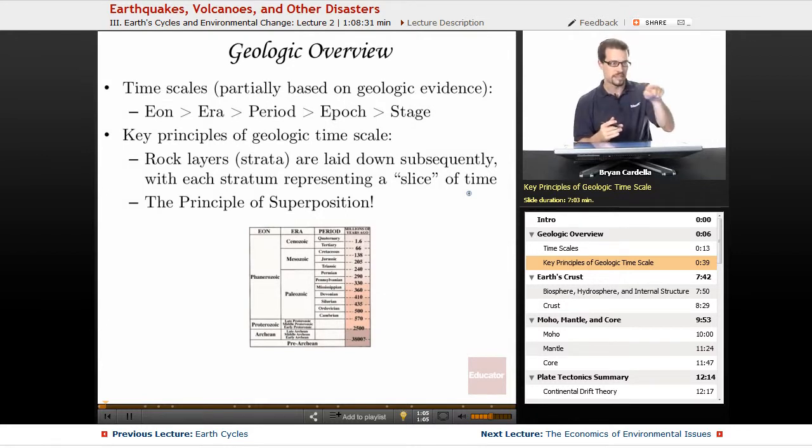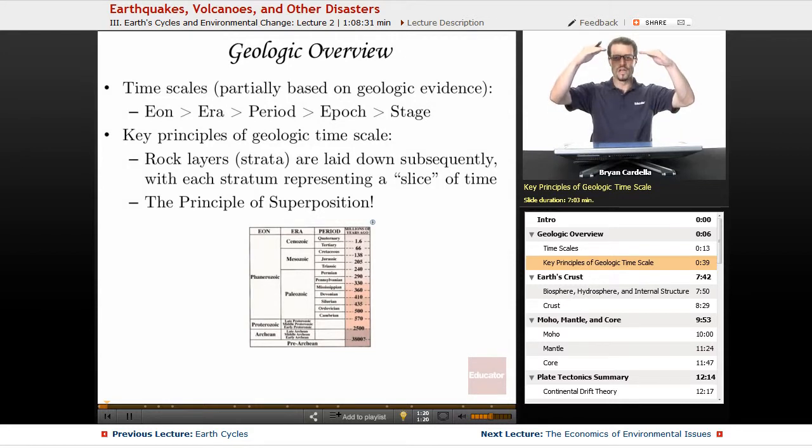You can trace the line and see, oh yeah, the rocks are a little different up there, a little different right below that line. And those are the strata marks we're talking about. And then the principle of superposition has to do with that, meaning layers of soil or rock that are above others are not as old.